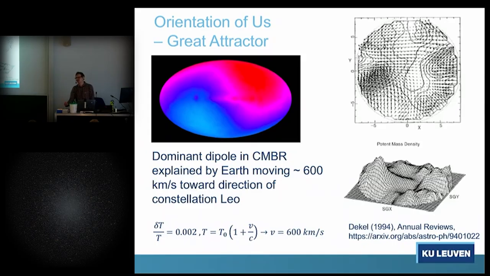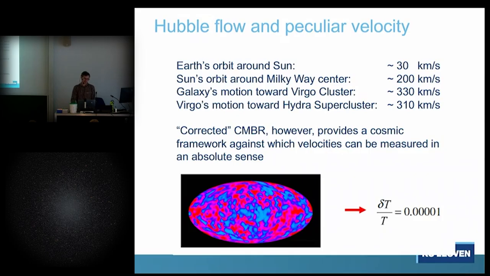It's a little bit more challenging to specify what this is in practice. But we are moving through space, 600 kilometers per second toward this constellation. So there is a gravitational center there, a local one.